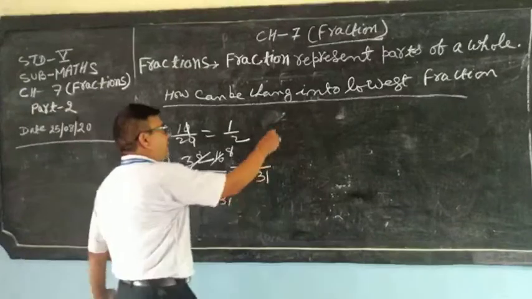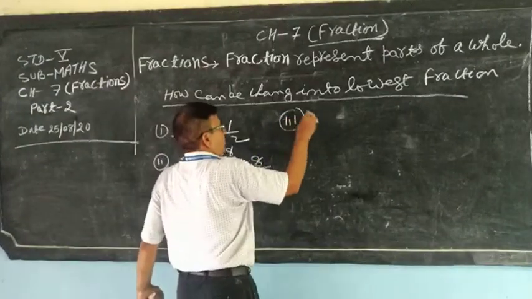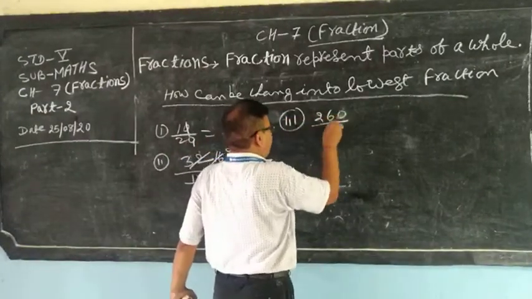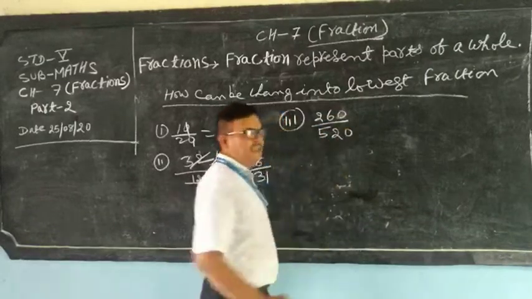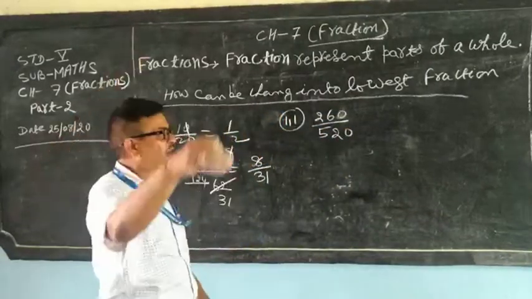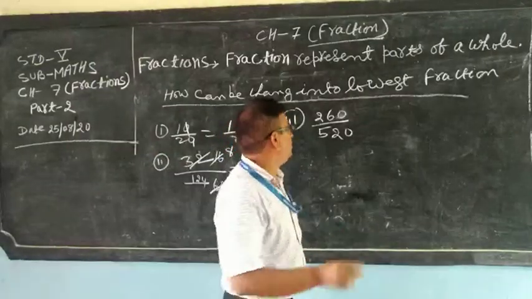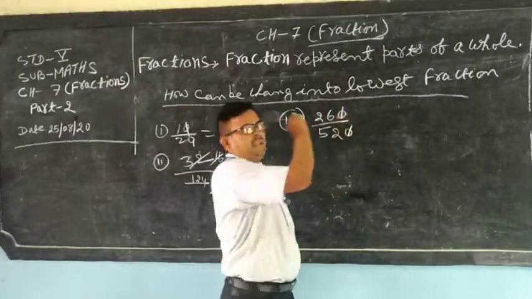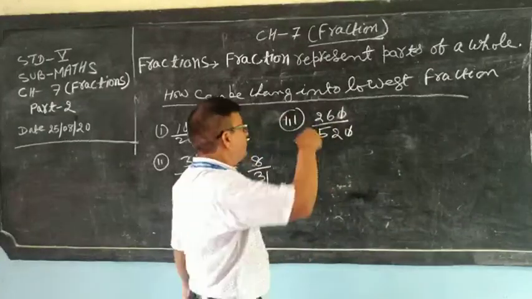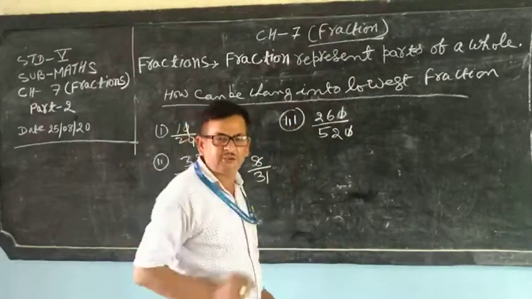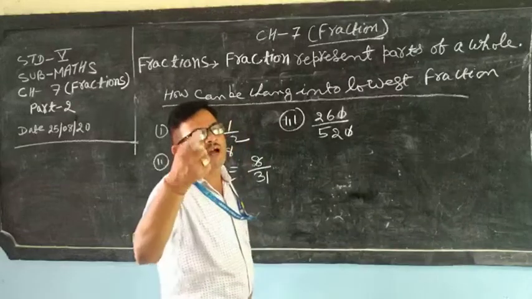Now another example I am giving: 260 by 552. My dear student, how can you change it into lowest terms? See this one. Cancel the 0 with the 0. Both numbers 26 and 52 are divided by 2.